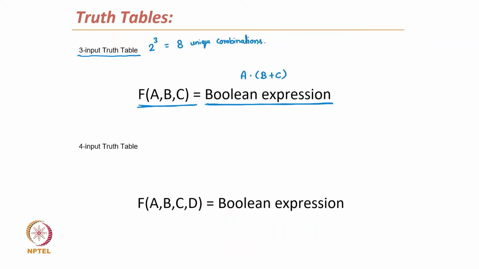So, for example, the same for the 4 input truth table, we have now 2 to the power 4, which is 16 unique combinations, and any function, for example we are implementing a plus b into c plus d, can be any expression.